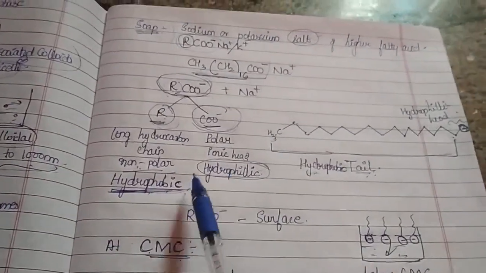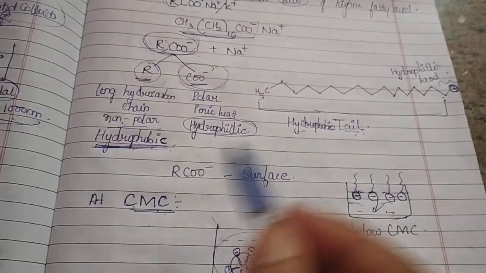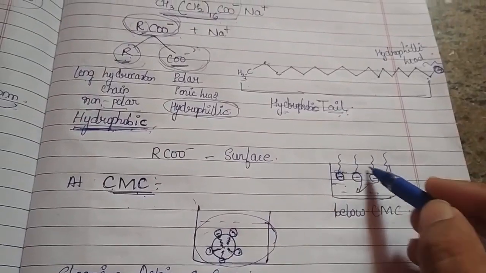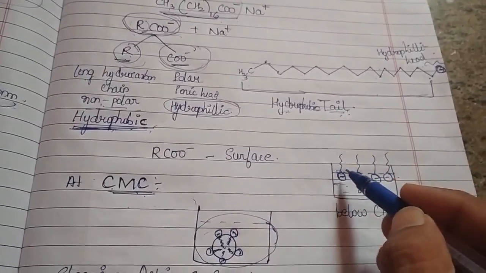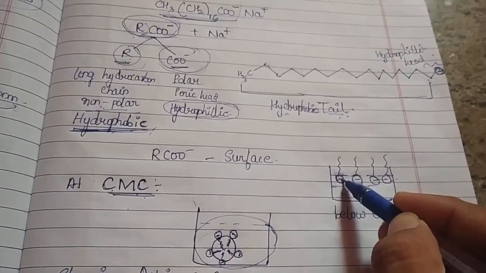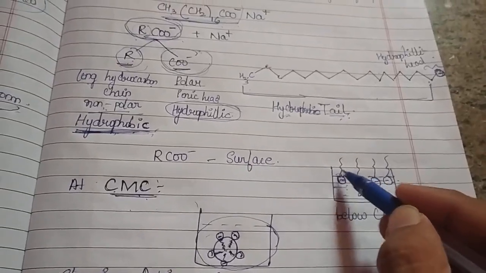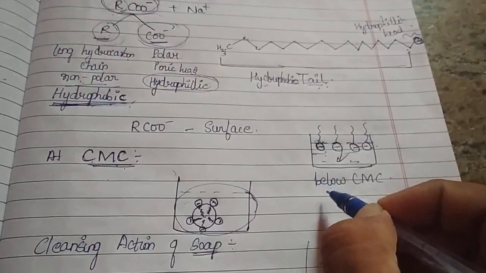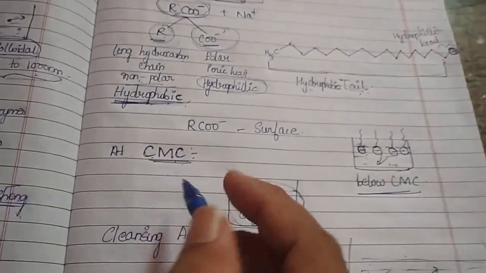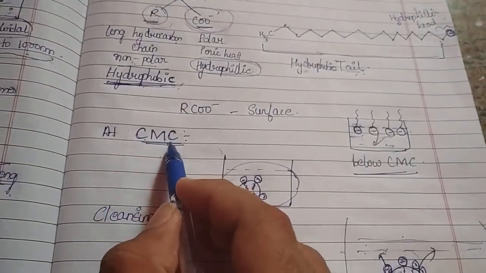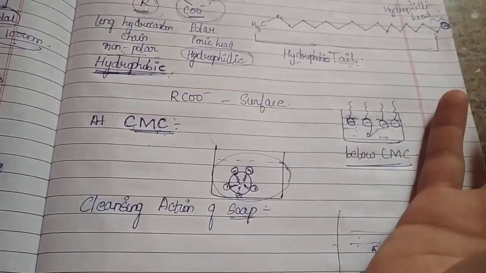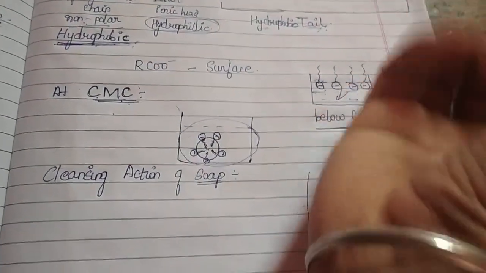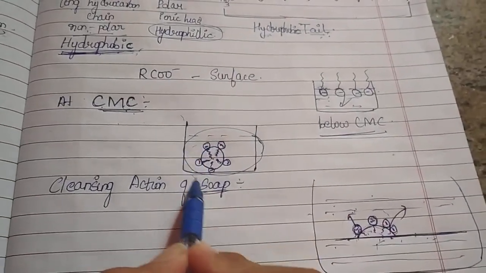So what happens at CMC basically? Below CMC, first you have to remember how they are present. They are only present at the surface in such a way that the polar head will be inside the water, and the non-polar group will be away from the water. This is below CMC. At CMC, that is the critical micelle concentration, these anions will be pulled inside into the bulk of the solution.